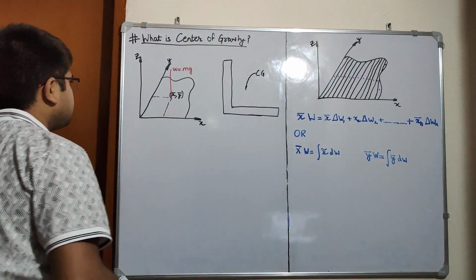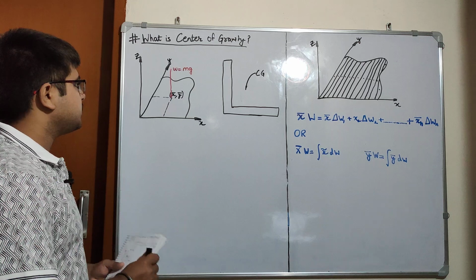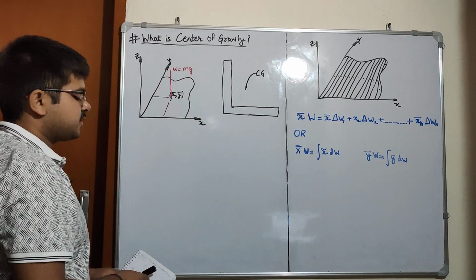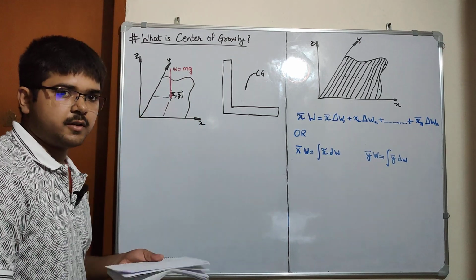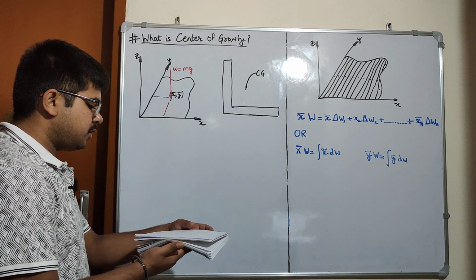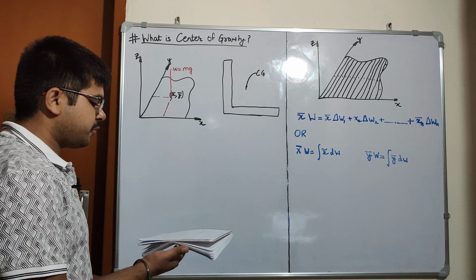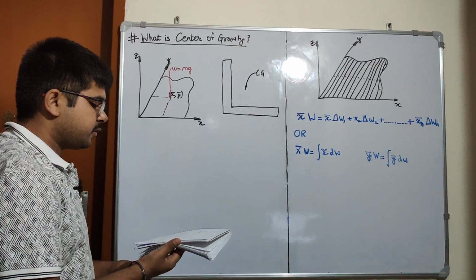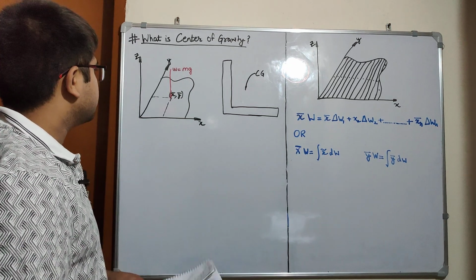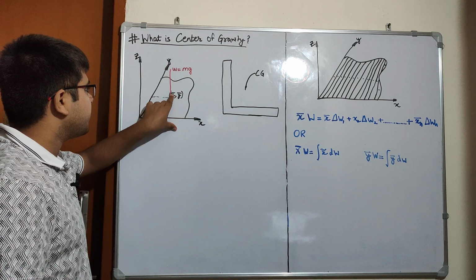So the point at which you can balance the whole object, like this, the point at which we can balance the whole object is the center of gravity of the object. In this case, we have x bar and y bar.